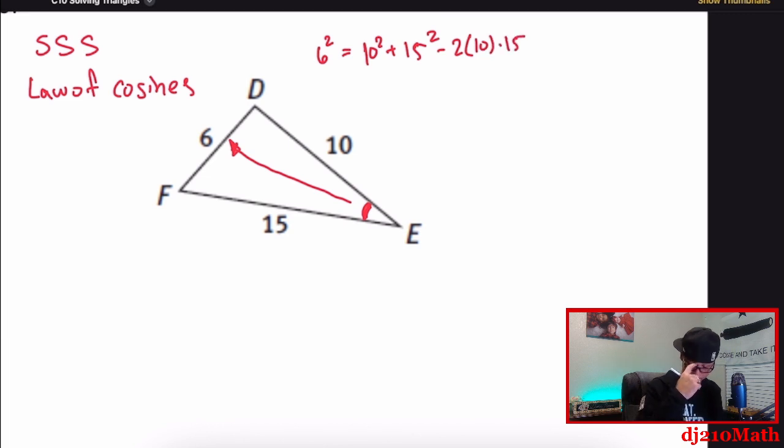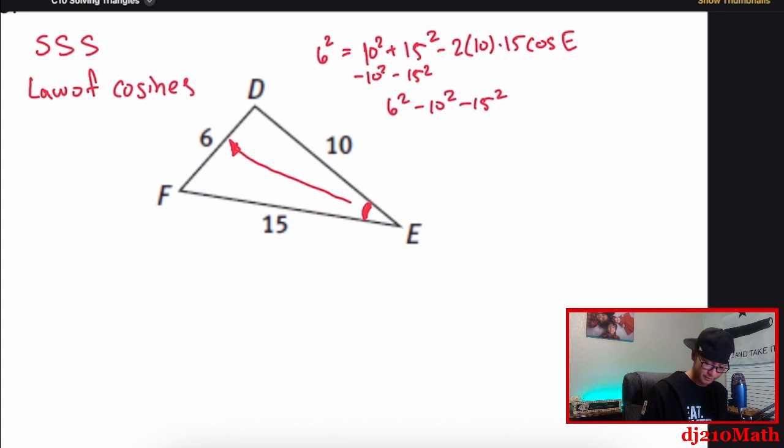We don't know what that is. We're going to have to use inverse trig at some point. I'm going to do it kind of quickly because we're just subtracting. This is going to be 6 squared minus 10 squared minus 15 squared, and I'm going to divide, because this equals negative 2 times 10 times 15 times cosine of E. I'm dividing both sides by these numbers.